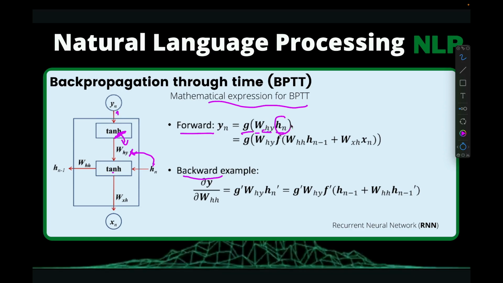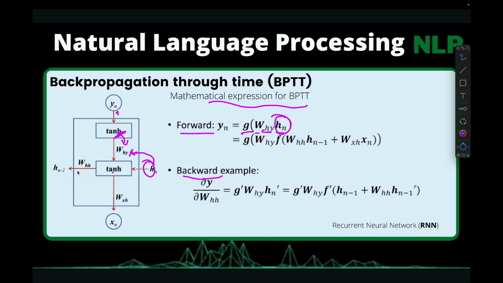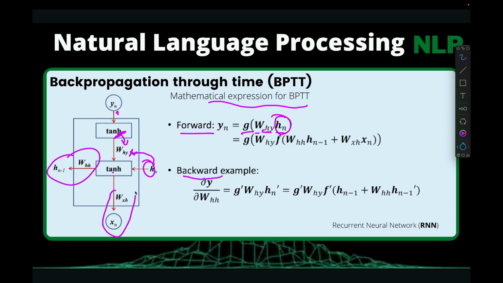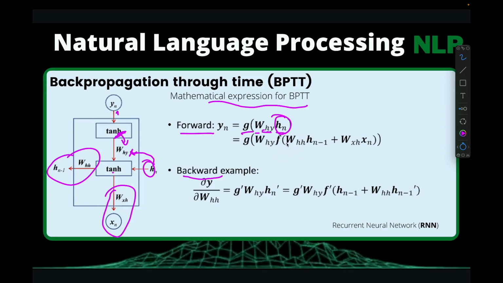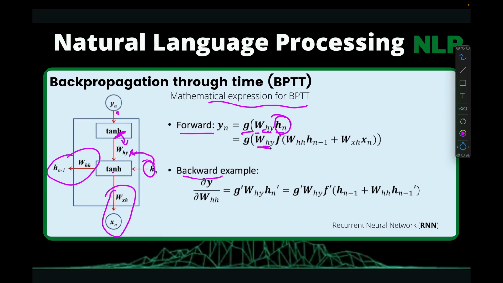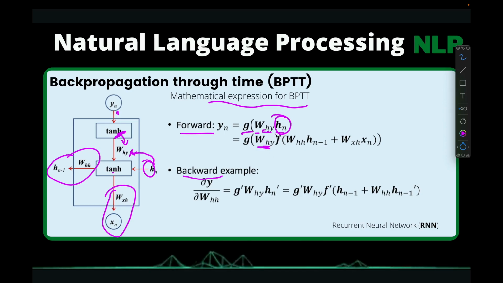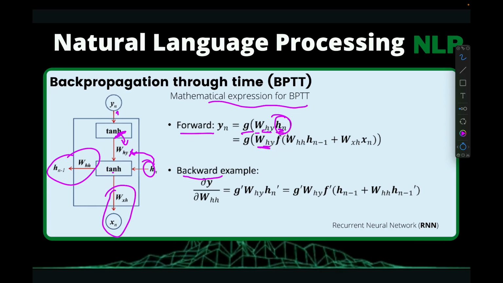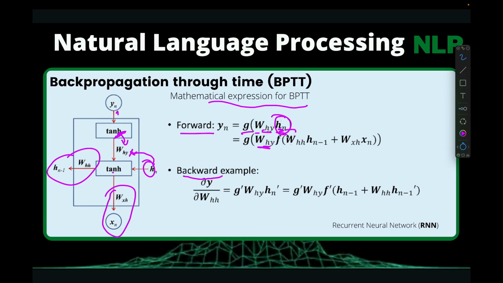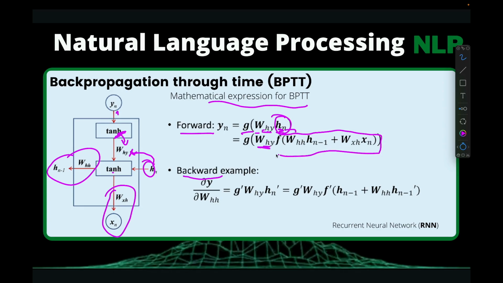But this hn is a result of this and that. So we have the Why, which is this one, and then we are multiplying by hn, but the hn itself is a result of this expression.